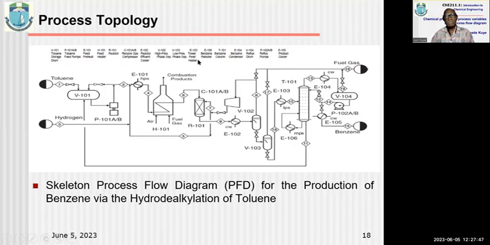It may not be very clear, but that's what is on top. That's the summary of the equipment. And you can see the various equipment that are here, and you can see their names.